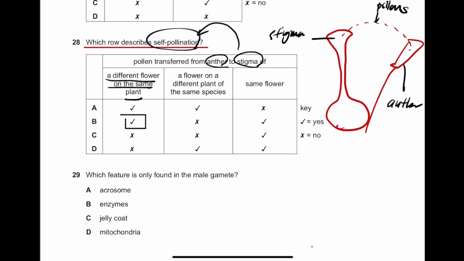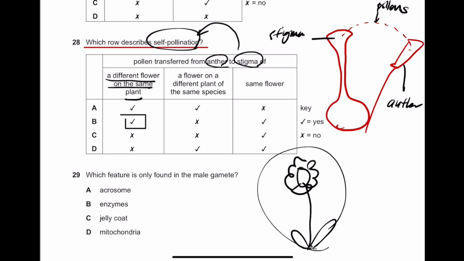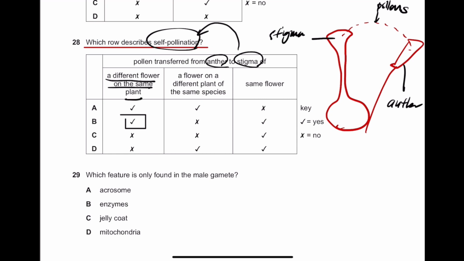Although we see a lot of pictures like this and immediately think there's one flower per plant, that's not true. In one plant there can be multiple flowers, but they are exactly the same organisms, like clones.